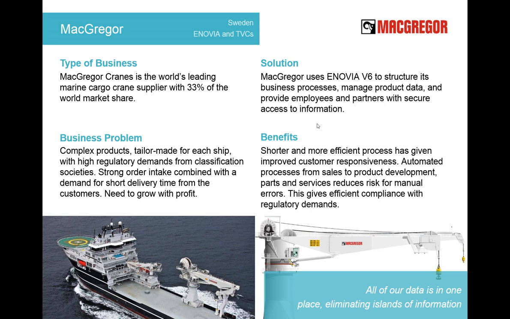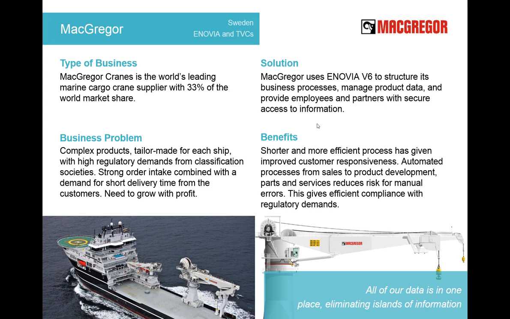They represent a quite traditional PLM customer. A lot of the PLM initiatives were driven from the industrial equipment, automotive, aerospace industries, really. And I think the business problems that MacGregor had were quite common in those areas.